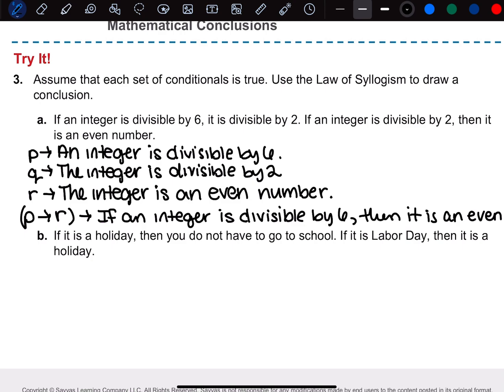Now let's look at the next one. If it is a holiday, then you do not have to go to school. If it is Labor Day, then it is a holiday. So P would be, it is a holiday.